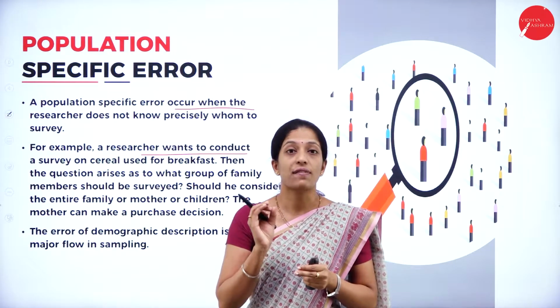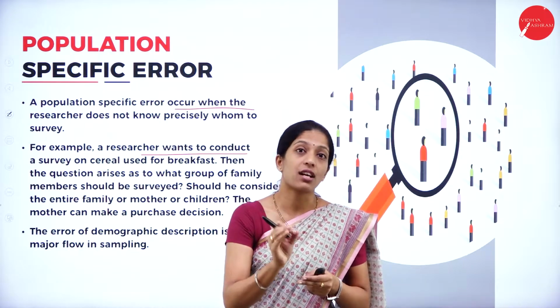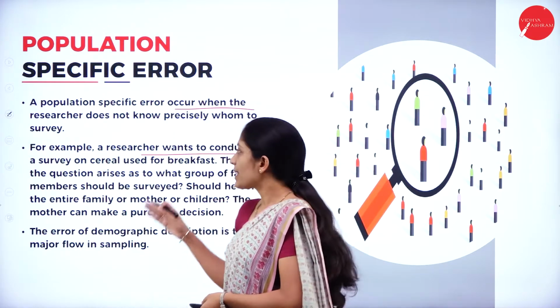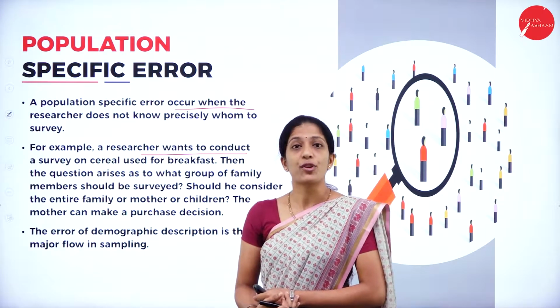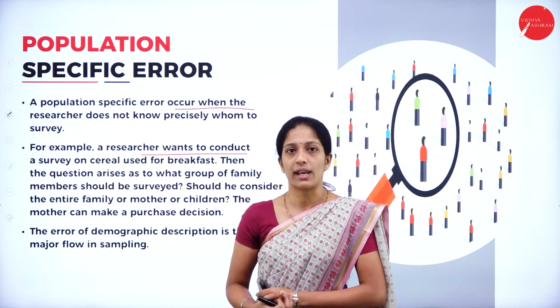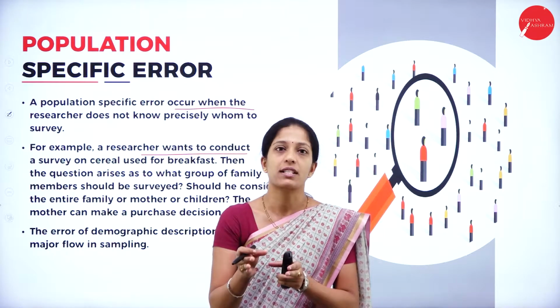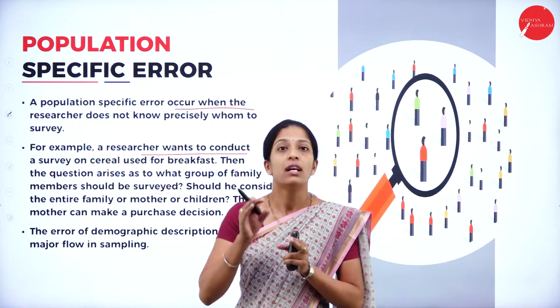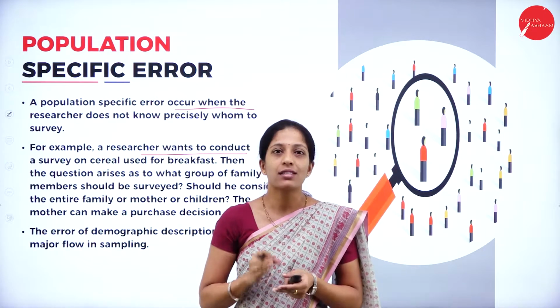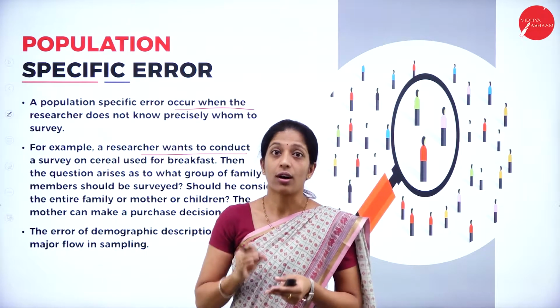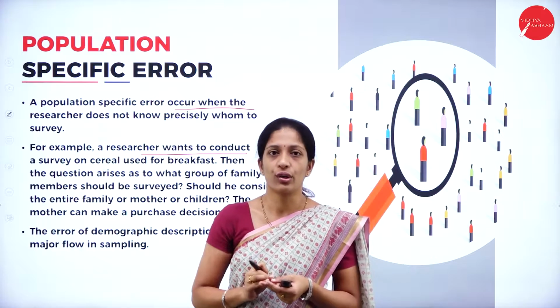Here the selection of the sample goes wrong if he selects the wrong population. By seeing the sentence itself, we come to know that the population is homemakers. Suppose the researcher selects the husband of a particular woman, then what happens? The population goes wrong, and the selection of the sample also goes wrong.